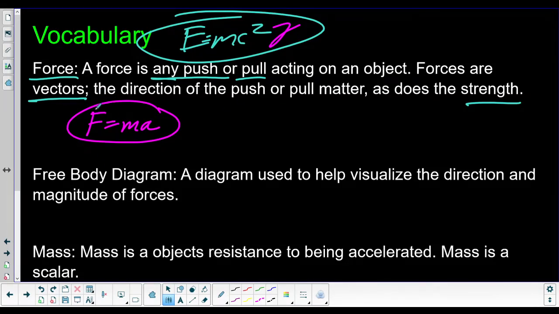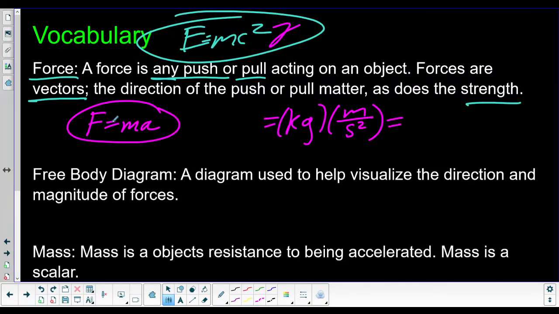So the units for force are equal to the units of mass, and we measure mass in kilograms, times the units of acceleration. And the units of acceleration are meters per second squared.